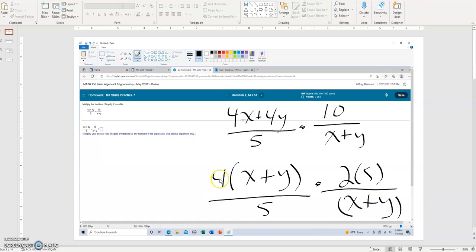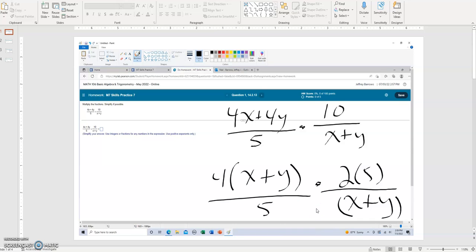In the end, what I would have remaining after I canceled the common factors is just 4 times 2 in the numerator, and in the denominator both of these things cancel. So 4 times 2 over 1. I think the final answer here would just be 8.